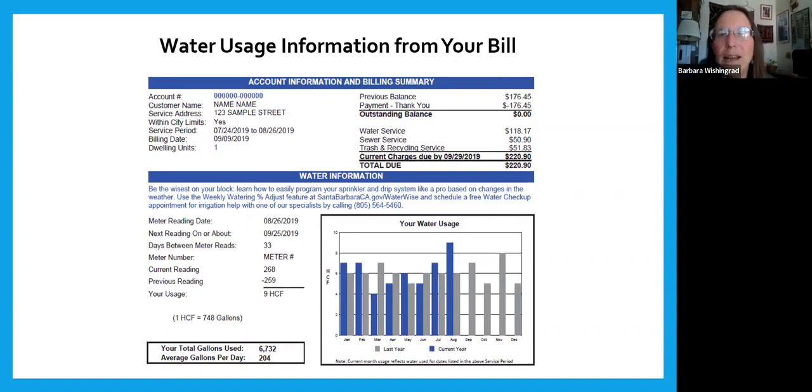Can I cut down on the types of plants that I have so that they're not using that much irrigation? Can I use alternate sources of irrigation? What can I do to reduce the amount of HCFs in my bill? And if you don't know how much you have, then you don't know how much that you need to save, or if your water bill is out, or when your water bill goes over.